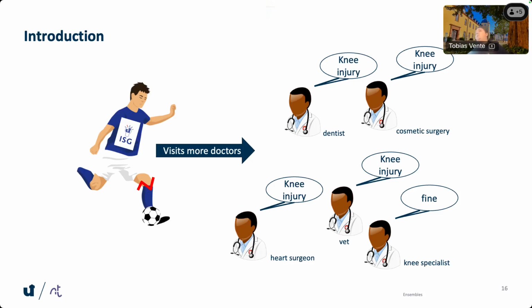Sometimes we perform the classification with multiple models and do majority voting, but in other scenarios we want to weight them. For example, if we have validation data and we know that one model performs a lot better than all of the others, then typically you want to give this model a higher weight than all the other models. Then you can build your ensemble, and in the end the goal is to improve the performance, in this case to be more sure whether you are really hurt in your knee or not.